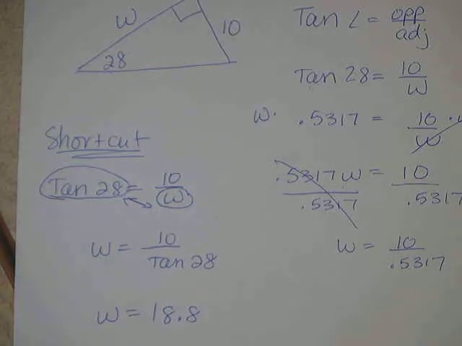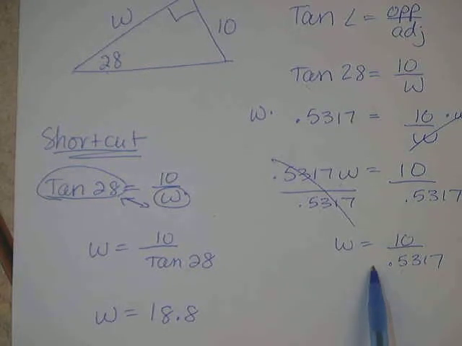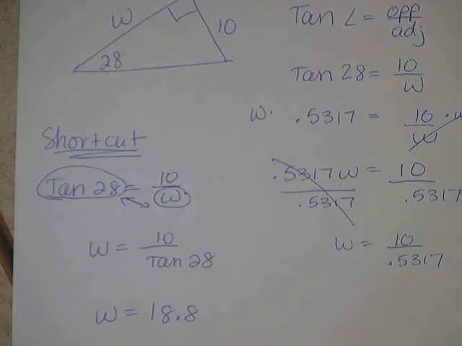If that length looks reasonable for a side, you're probably in good shape. Now, if you find a side length and that side length is 0.137 and your other side is 10, that should raise a red flag. If I stopped here at 0.5317 and said that that was my answer, that's not a good side length, right?